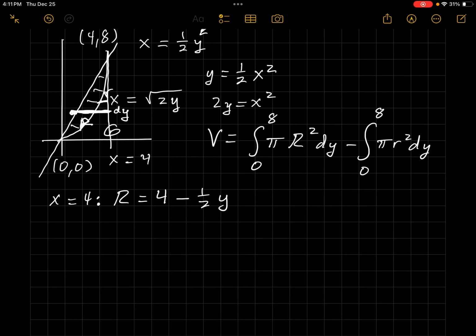This part here is the end of an arrow. And then our little radius, right here, if you can see me drawing it, is the big x minus the smaller x. Which will give the volume setup as such.